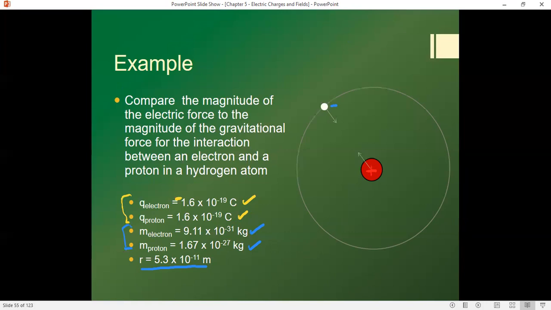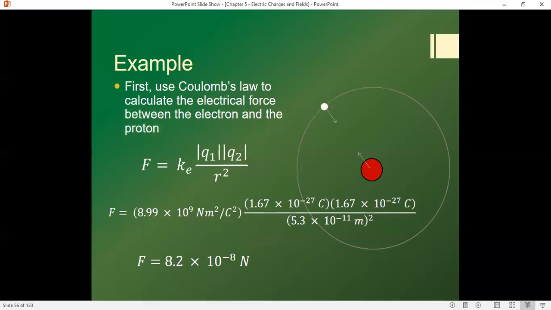We know that the planets are held in orbit around the sun through the gravitational force. And Rutherford saw the atom as sort of being similar in planetary structure. But we're going to clearly show here that the electrical force far exceeds the gravitational force by a huge amount. We're talking tens of magnitudes difference between the two.